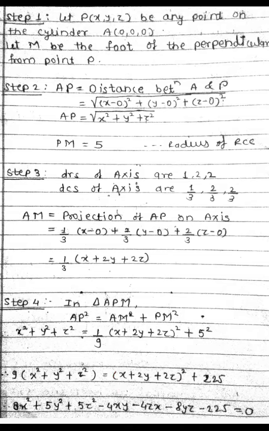If you simplify these values, you will obtain the required answer: 8x squared plus 5y squared plus 5z squared minus 4xy minus 4zx minus 8yz minus 225 equals 0. In this way, you can find the equation of a right circular cylinder. I hope all of you students understand the concept of the right circular cylinder. Thank you, students.